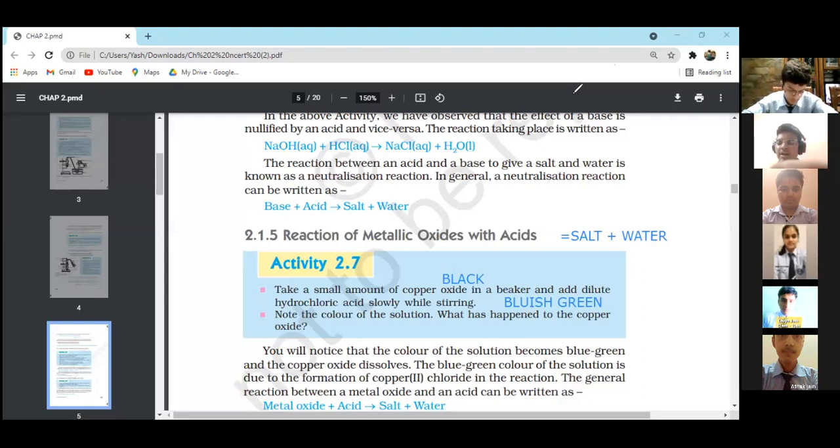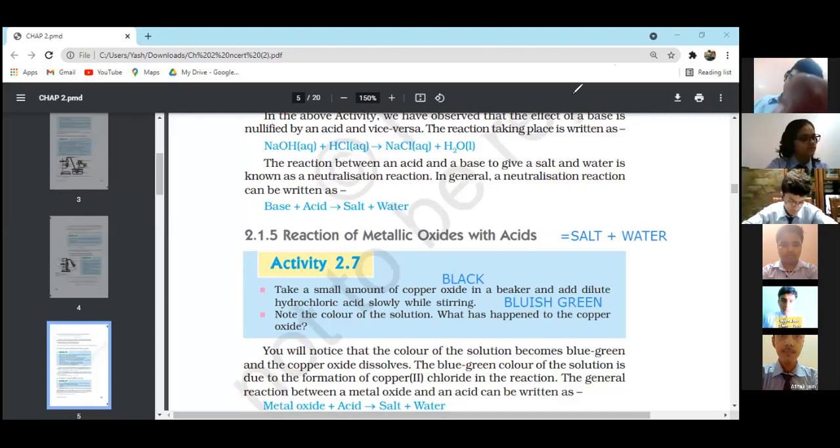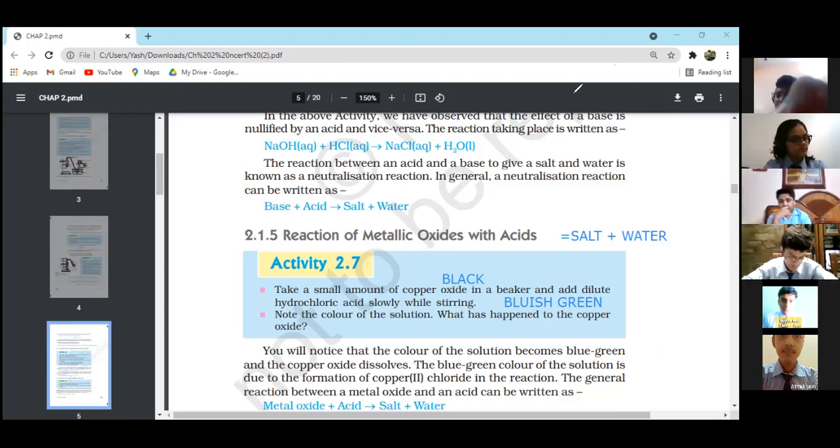Very good. CuCl2 is the salt formed here, plus water, right?